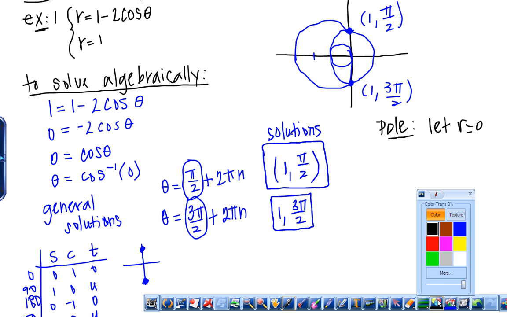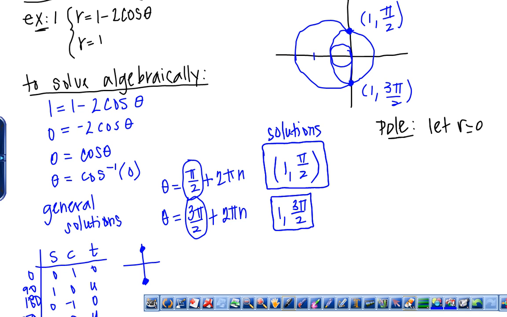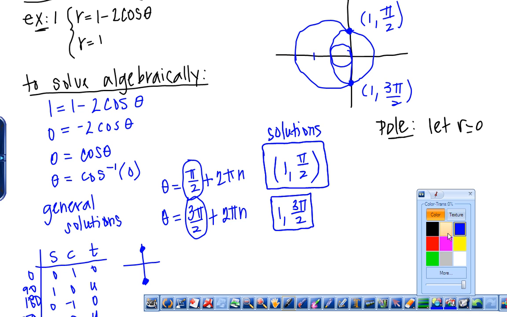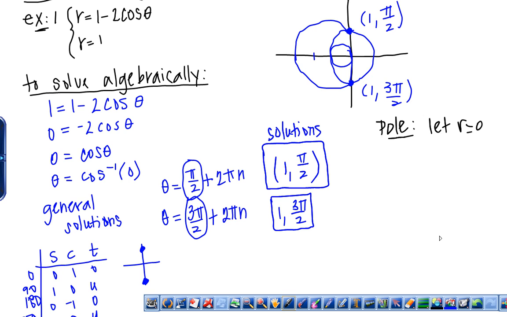Should be just as easy as that. So in order to do that, I'm going to go back to my original equations over here, and I'm going to say 0 is equal to 1 minus 2 cosine of theta, and I'm going to go ahead and solve this.